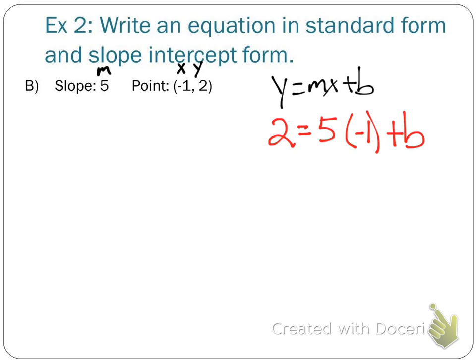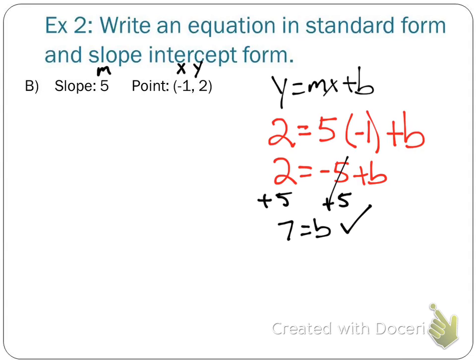Is that enough information to find b? Yeah, you just have to solve for b now. So 5 times negative 1 is negative 5. And then how will I get b? Add 5. So what's b going to be? 7 is going to be my b.